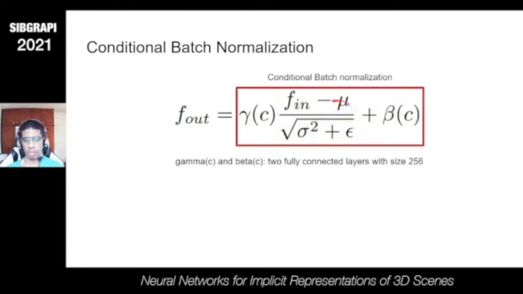Then we apply the conditional batch normalization, which is another scaling with also one bias that is dependent on the conditioning code C, and both beta and gamma are conditioned to this code C.